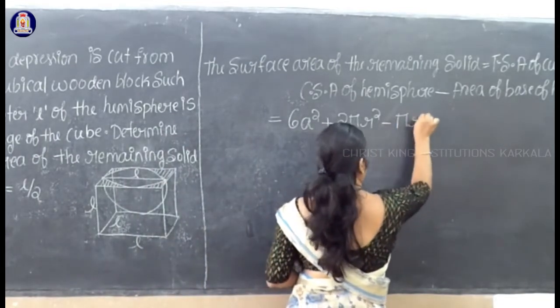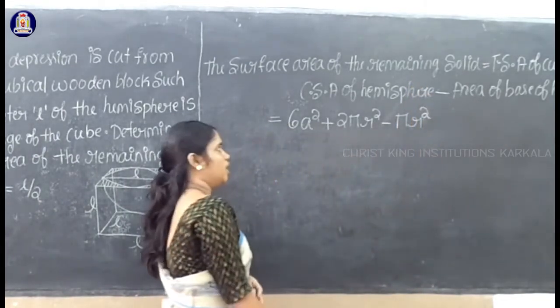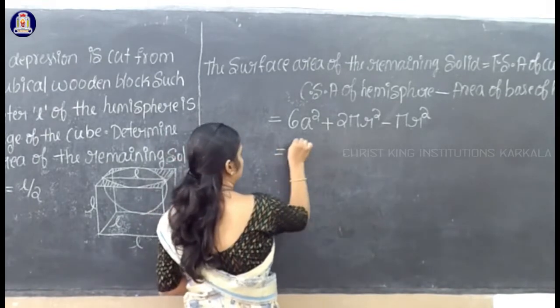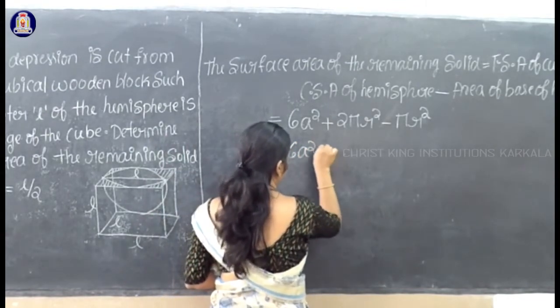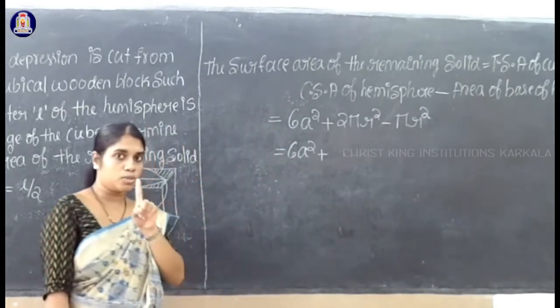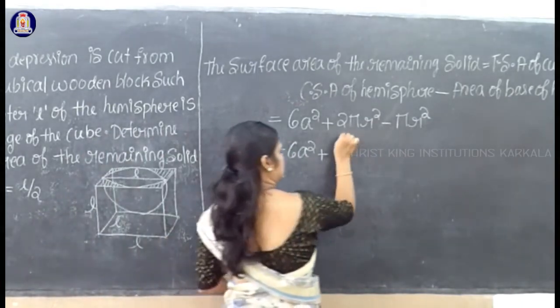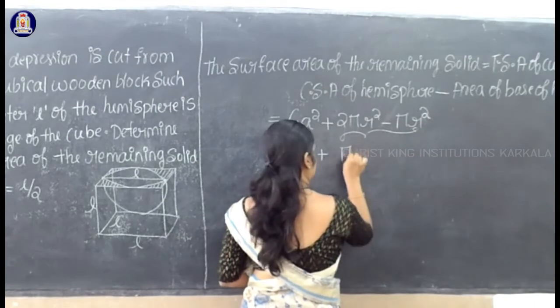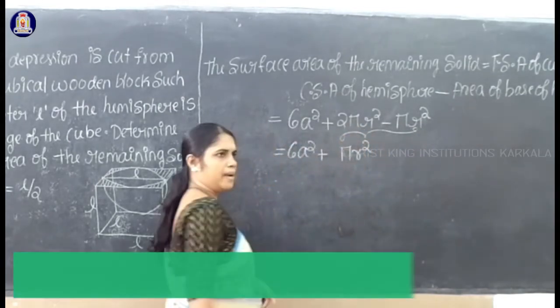So this is equal to 6a square plus 2 pi r square minus pi r square, which is 1 pi r square, that is pi r square itself.